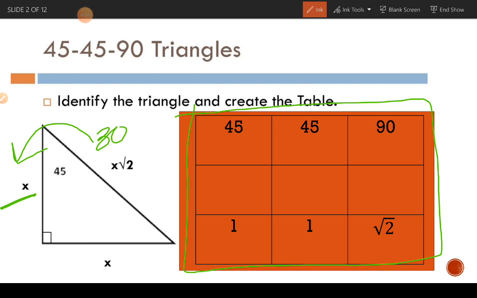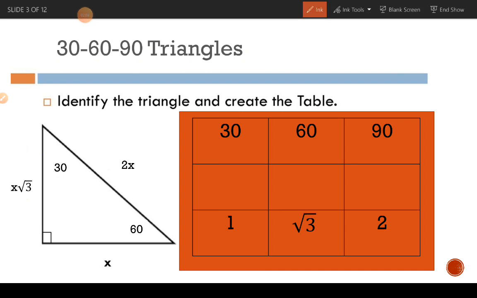How we use this table is we input numbers here that are across from our angles, okay? So for example, if the hypotenuse was 30, well, that's across from 90, so 30 would go here, our x would go here, and then look, we have proportions. You just solve the proportions in that way, okay?